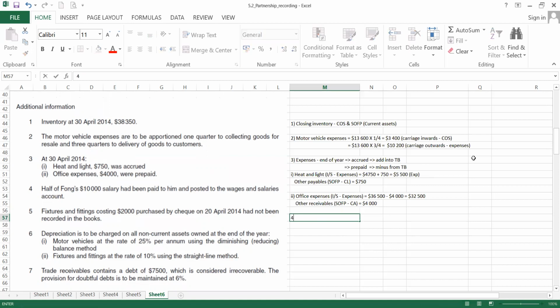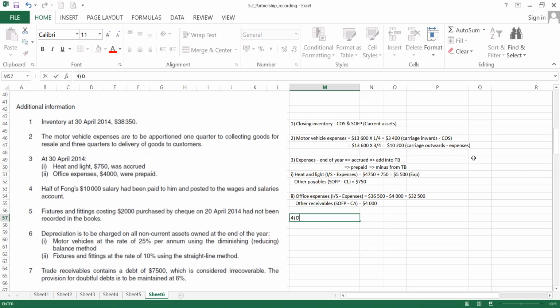Next, number 4. Half of the Fong 10,000 salary have been paid to him and posted to the wages and salary account. It means that this account is wrongly recognized in the book.